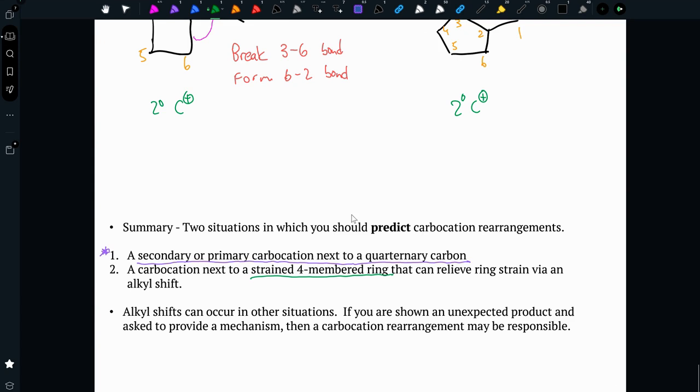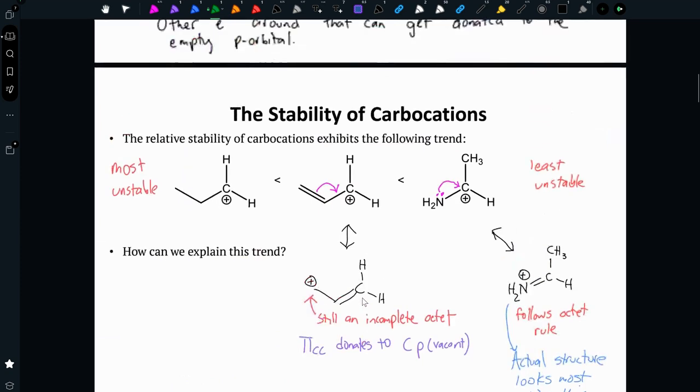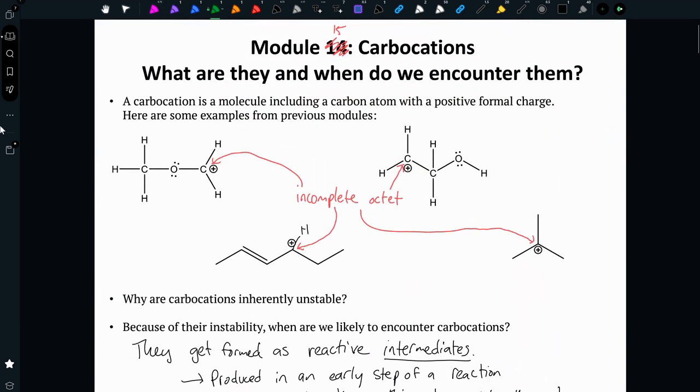There are others, but I'm not likely to show them to you in this class, but you may see them in future classes. So that wraps up Module 15 on carbocations. And after that, you're ready to dive into more reactions of alkenes.